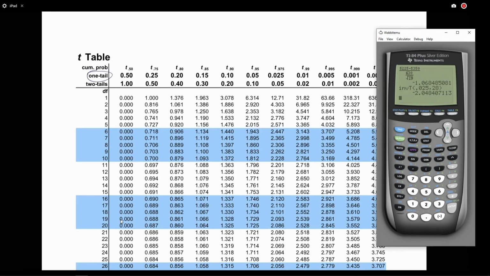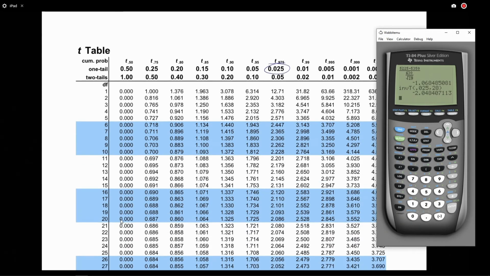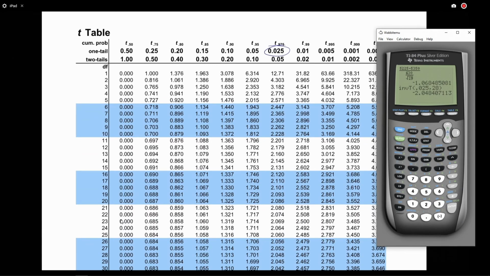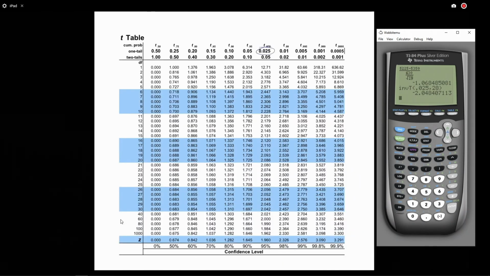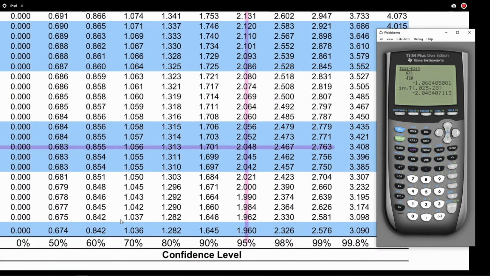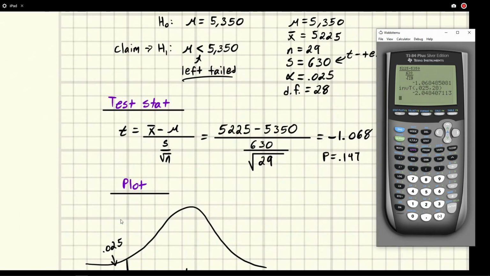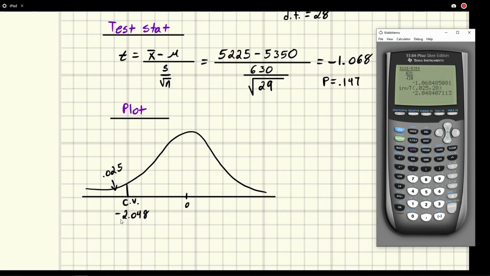We're told area in one tail or area in two tails. So in one tail, we've got 0.025, which we can see right here. And we're going to come down to a degree of freedom of 28. And let me zoom out a bit so I can see it on my screen. So this is the column we're interested in. And we want 28, which is this one. And we could see here that we get 2.048. And if we go back, we could see that that lines up perfectly to 2.048.